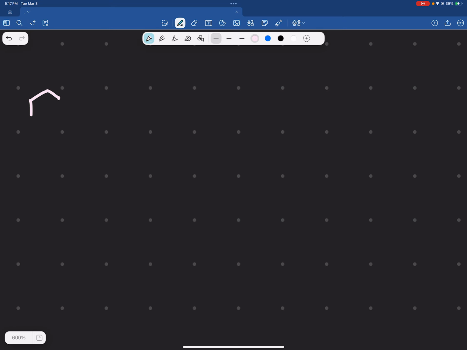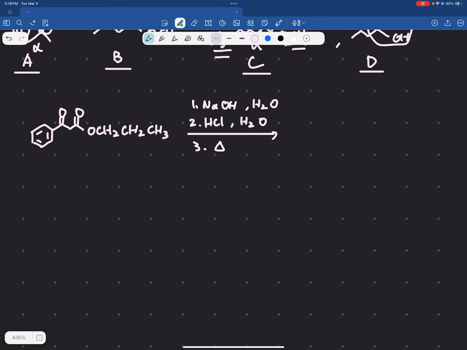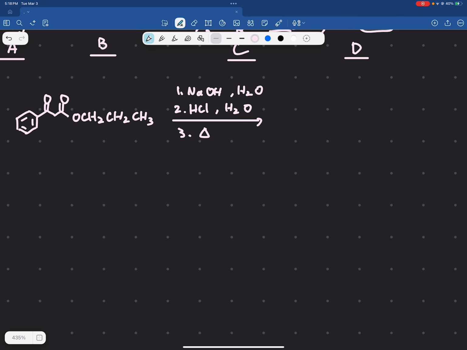If we were to react this compound in this order of reactions, what would be our major product from this reaction? So go ahead and give that a try.